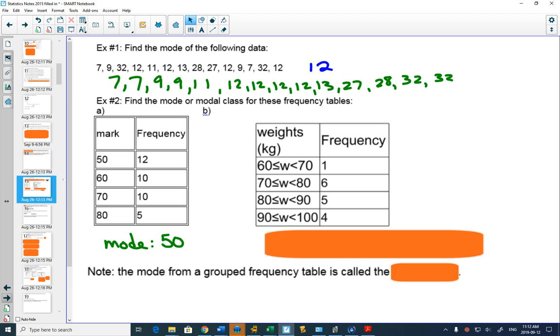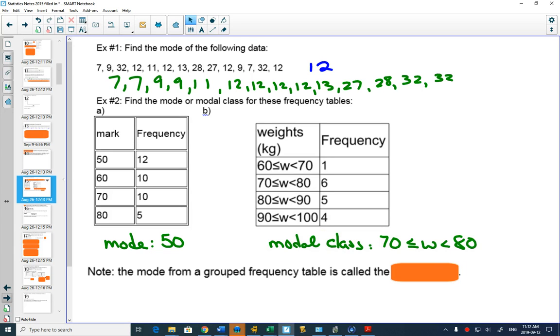In the next frequency table, things are grouped together. We've got weights between 60 and 70, weights between 70 and 80, 80 and 90, 90 and 100. Here we would say we have a modal class because it's grouped together, and our modal class was the 70 to 80 because it happens the most times at 6.